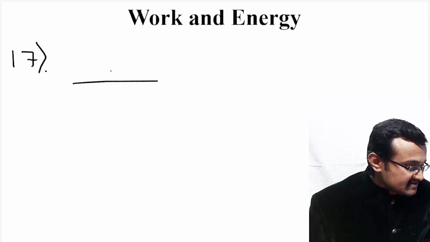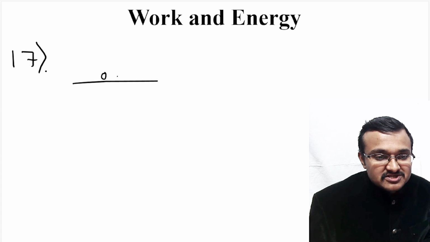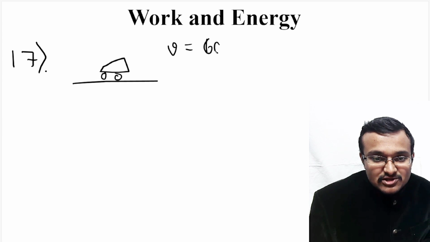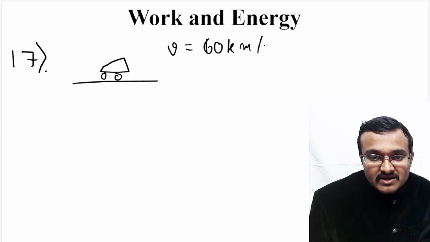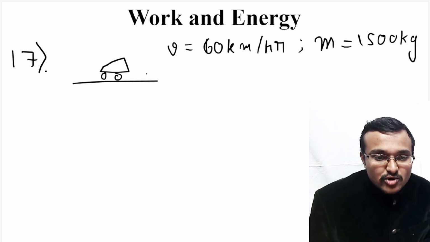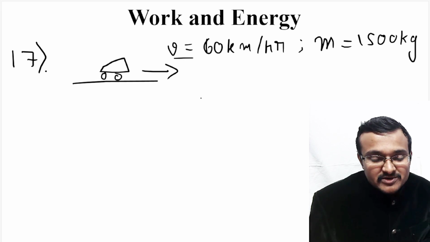So here there is a car which was traveling at 60 km per hour velocity. Its velocity was 60 km per hour initially, and the mass of this car is equal to 1500 kg, and this car is brought to rest. So initially it was moving with velocity 60 km per hour, and after a while this car has been brought to rest.